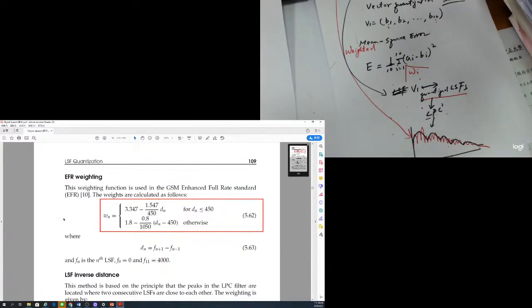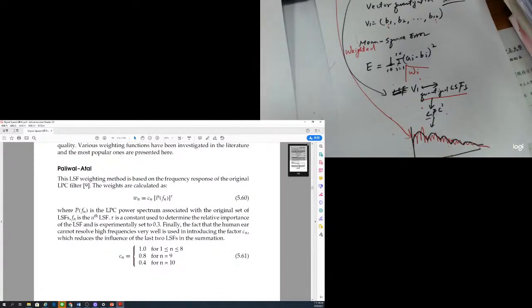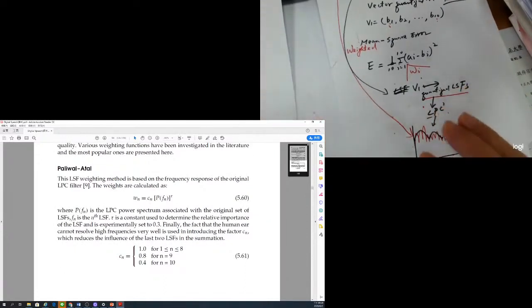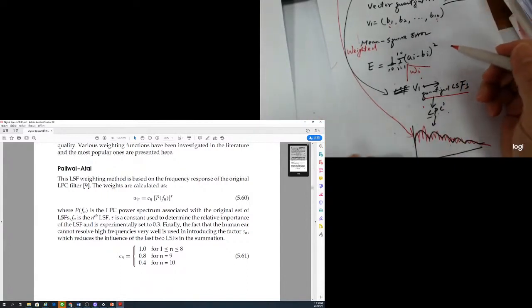But right now we are talking about weighting; we are not considering spectrum distortion.